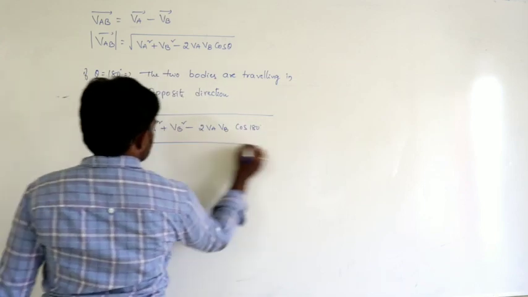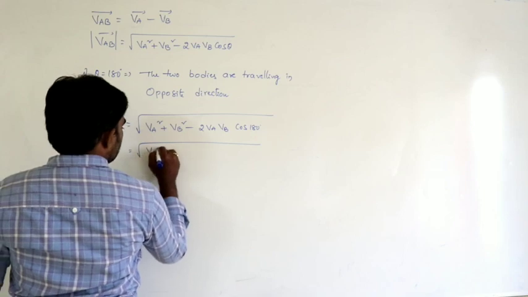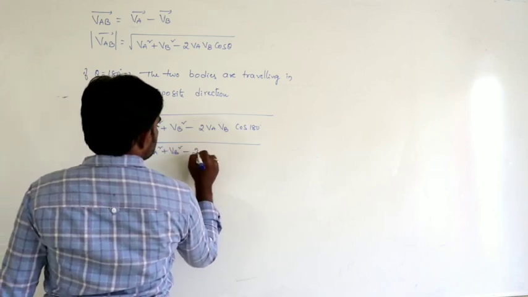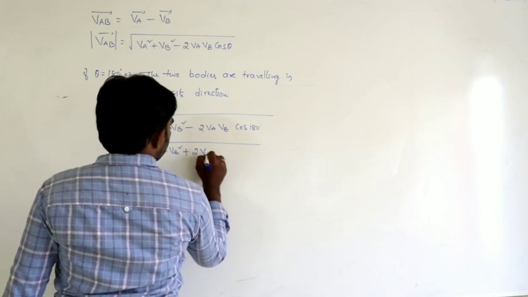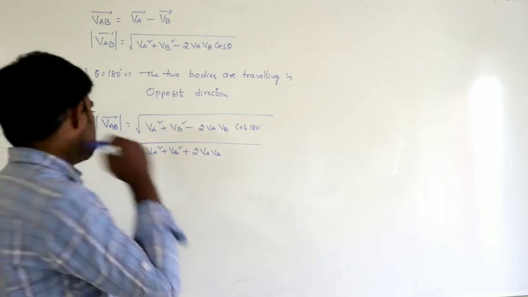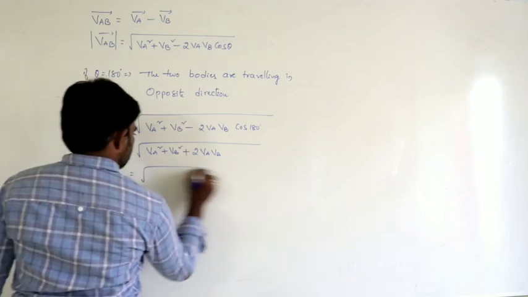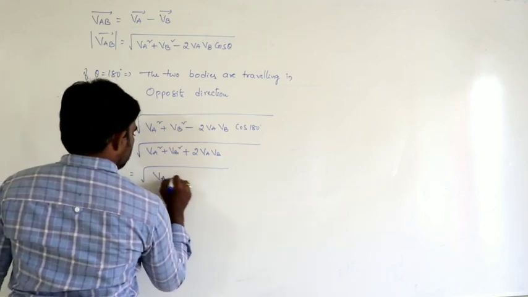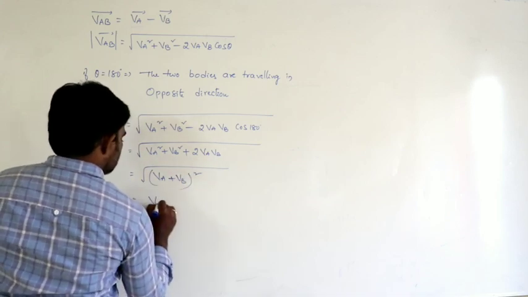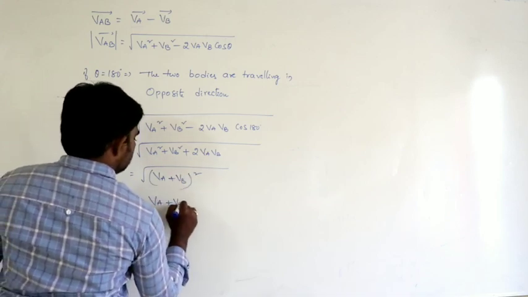That is equal to under root VA square plus VB square plus 2VA VB, because cos 180 is minus 1, minus of minus is plus. So this can be written as under root VA plus VB whole square, which is VA plus VB.